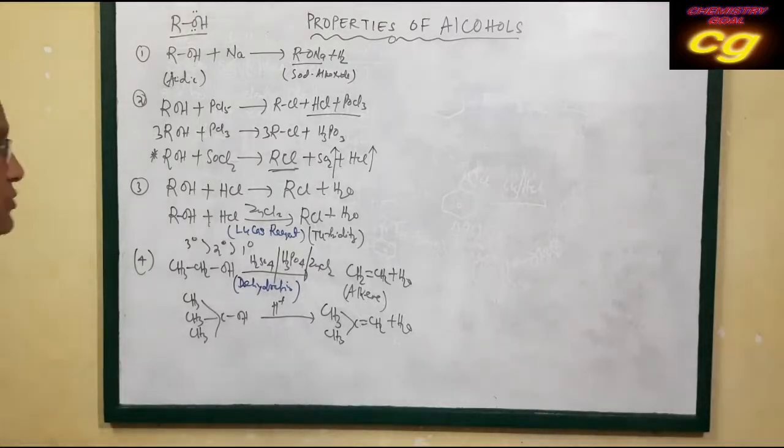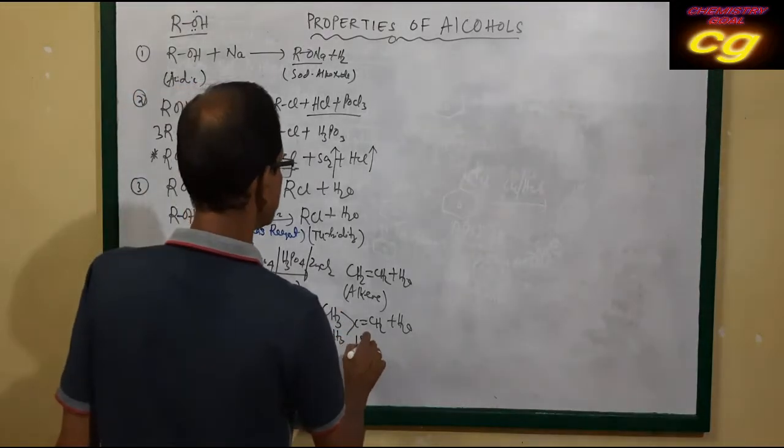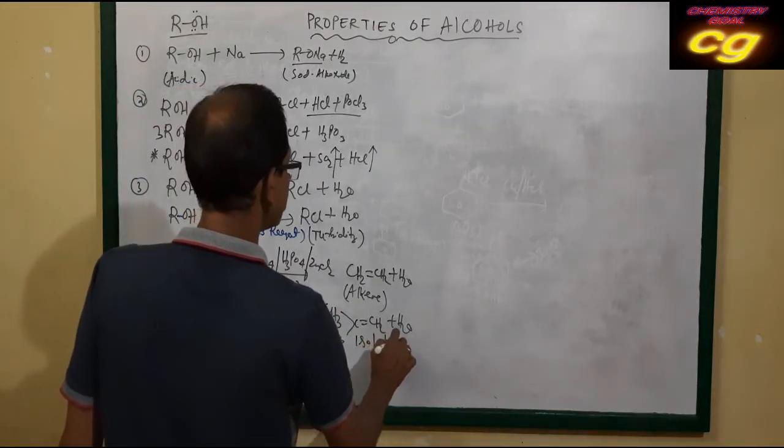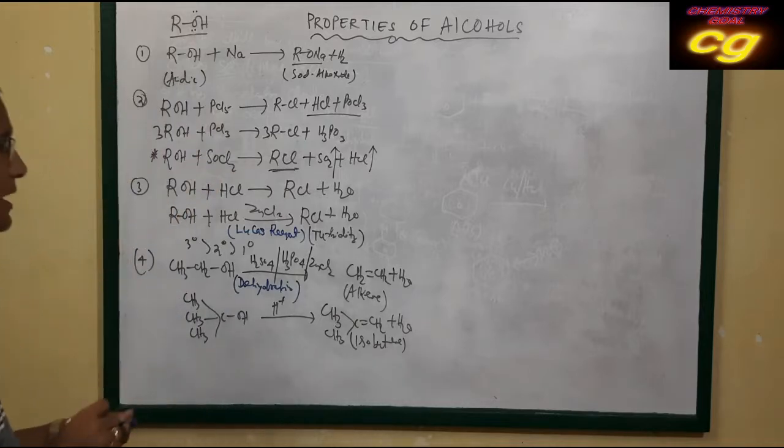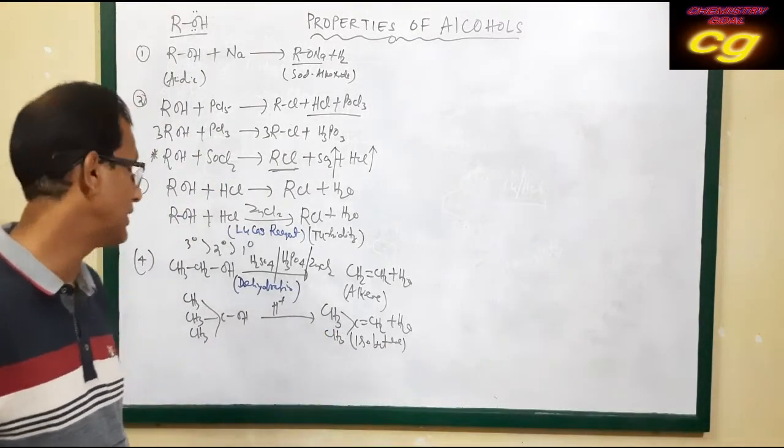This is called isobutene. This is also formation of alkene.